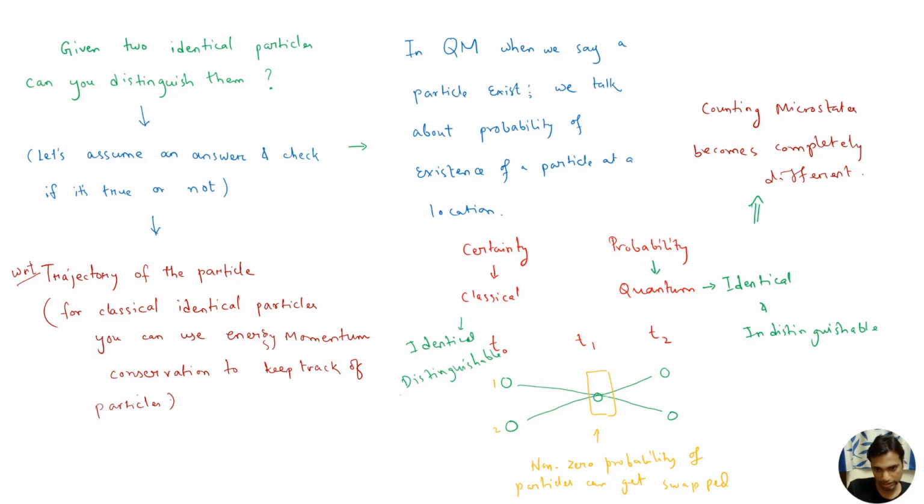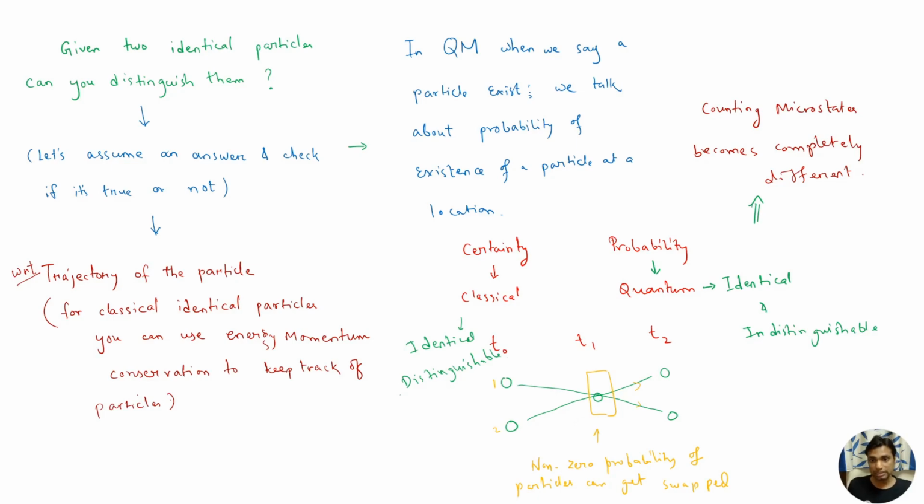They can collide, and we can determine the trajectory exactly: at which trajectory particle 2 is going and which trajectory particle 1 is going. That we can exactly determine in classical mechanics.